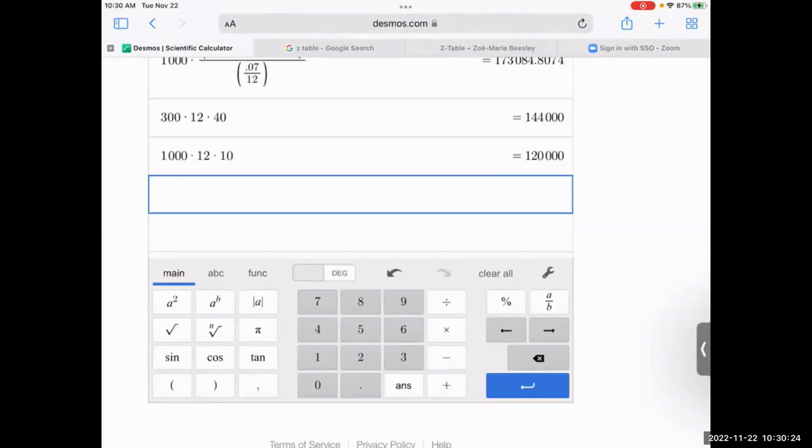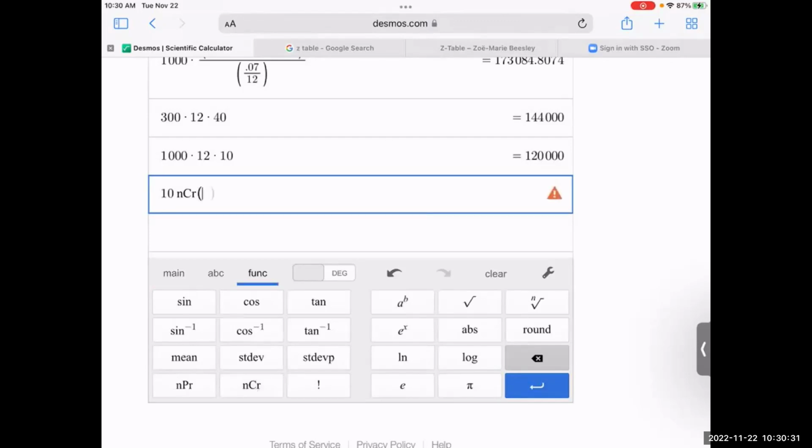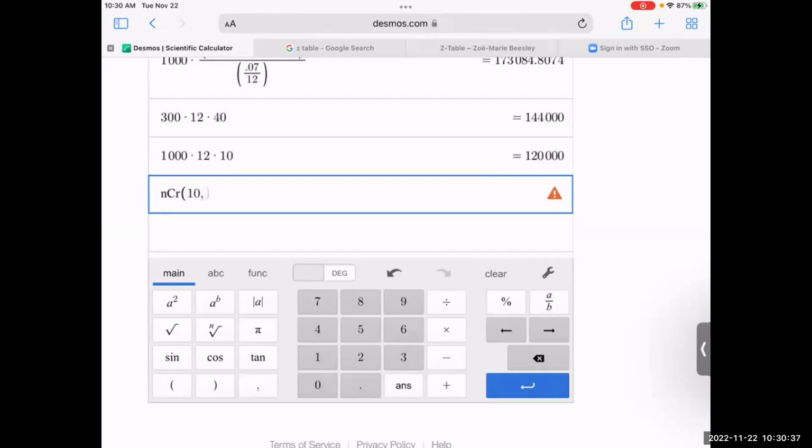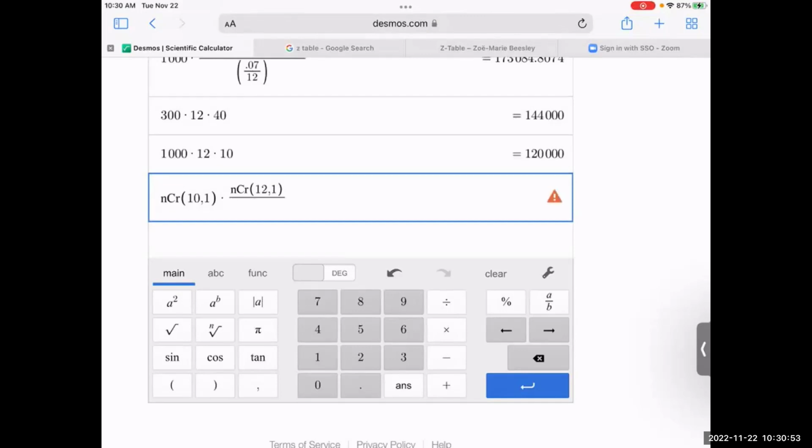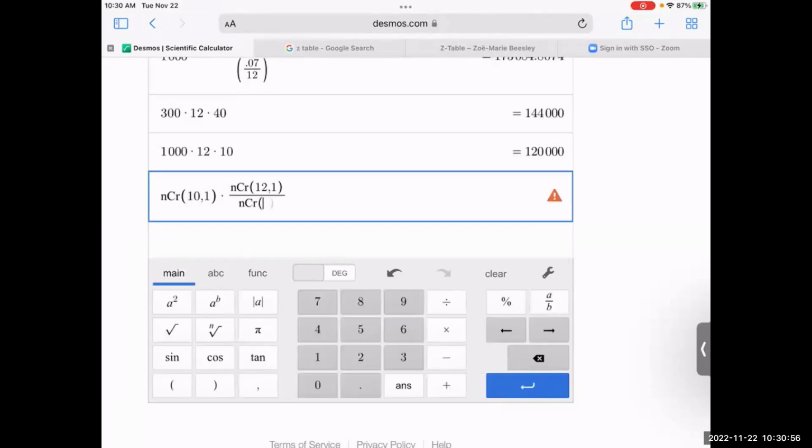I want to do combination 10 comma 1, close the parentheses, times combination 12 comma 1, close the parentheses, divide by combination 50 comma 2, close the parentheses. So it's going to be 0.0979.